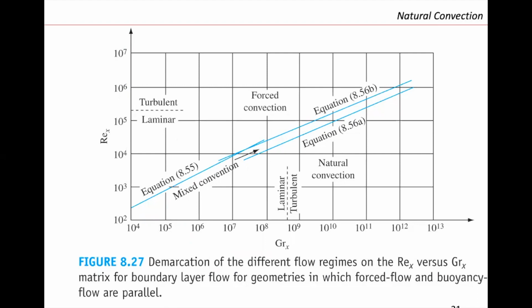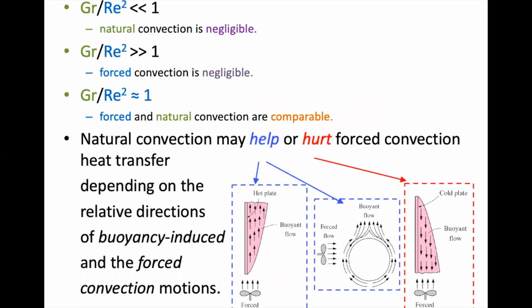However, if you don't have your textbook available, because you won't be carrying your heat transfer textbook with you all the time, one simple way to determine if natural convection is important is by getting the ratio of the Grashof over the Reynolds squared. If Grashof over Reynolds squared is much, much less than 1, natural convection is negligible.